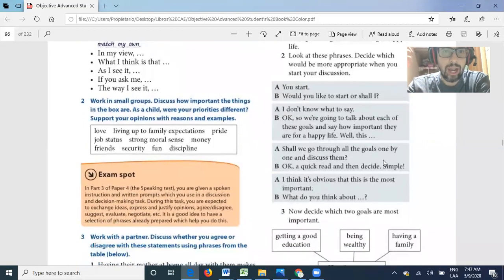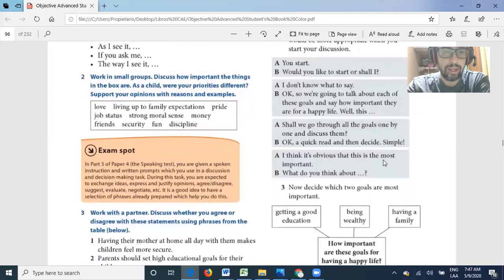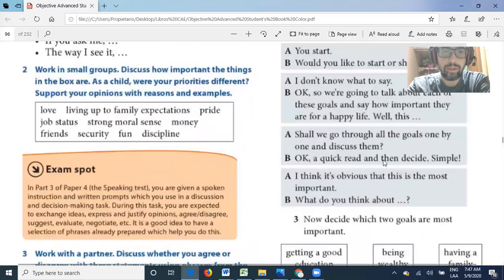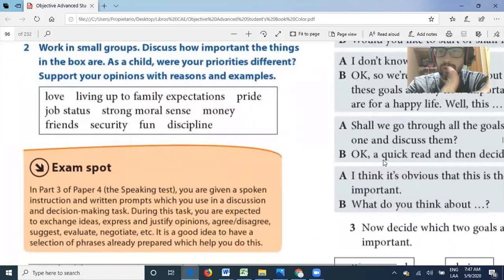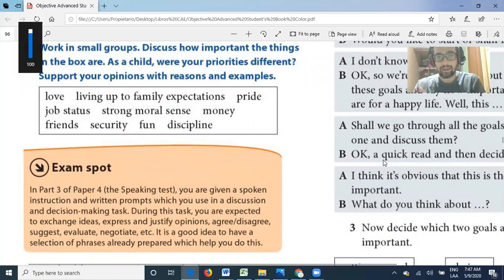Also, it says, discuss how important the things in the box are as a child, where your priority is different. Support your opinions with reasons and examples. So you can work a little bit of speaking using these vocabulary words. Remember that you can send me that on WhatsApp, please, if you want, so that we can also give you some feedback about it.